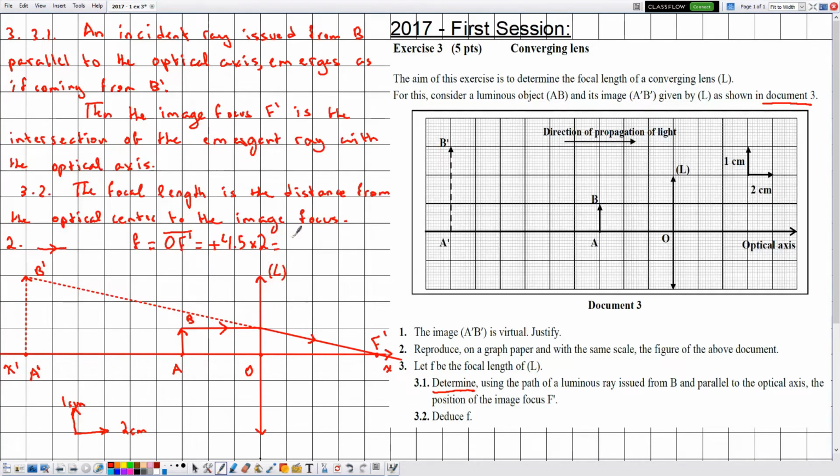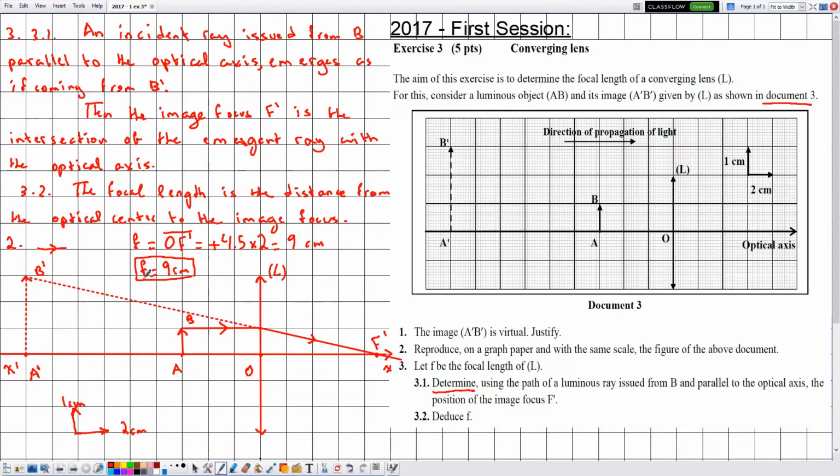And this will give me 9. Because the scale is in centimeters, the value of f will be in centimeters. Always, all quantities in physics must have a unit. Finally, it's a good habit to write our final answer in a box to make it easier for the corrector to notice our correct answer.